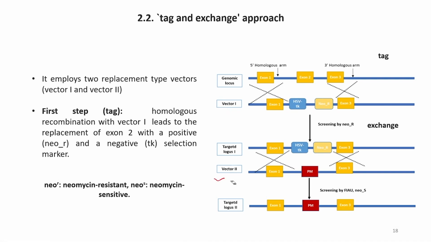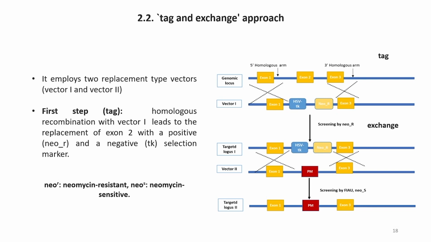Let us study the first step, the tag step. You have the genomic locus with 3 exons here, 1, 2 and 3, and there is a homology arm between exon 1 and 2 and then a homology arm flanking the exon 3 region.